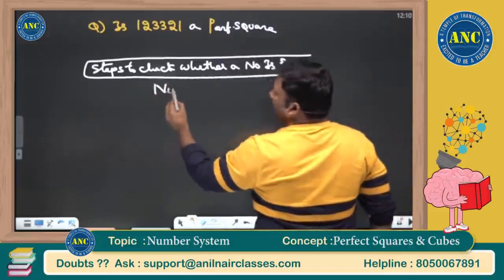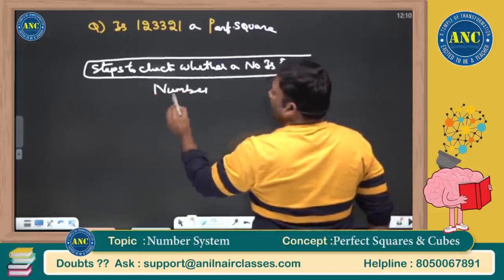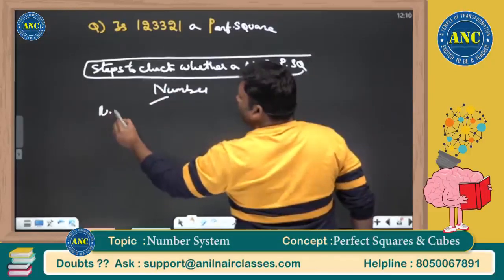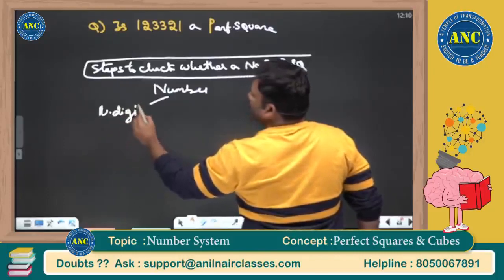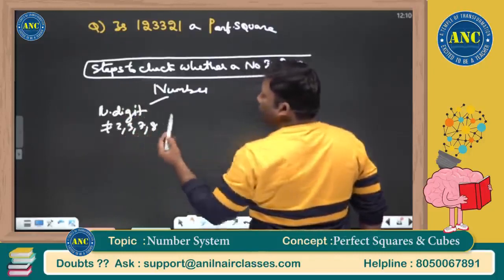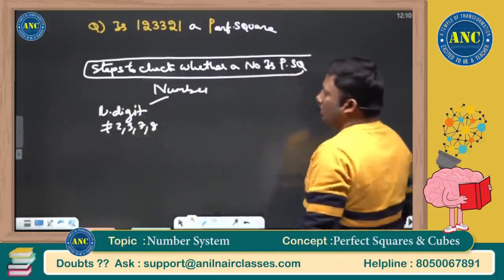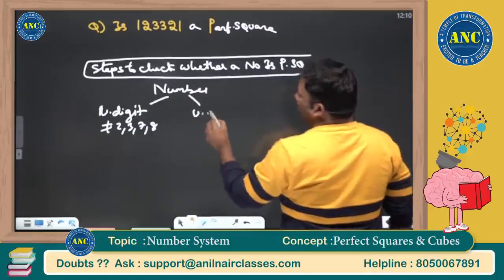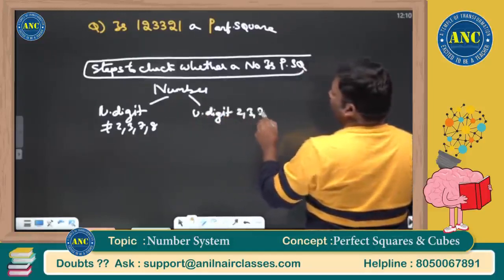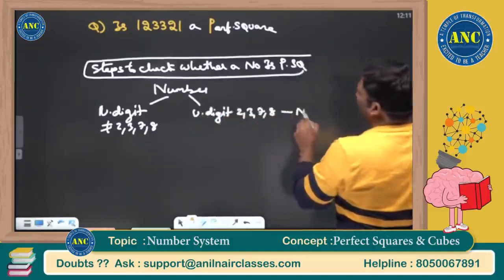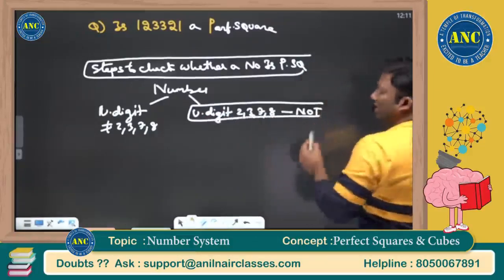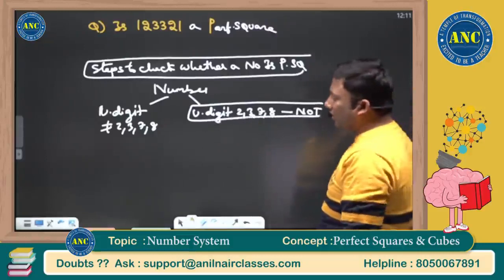Suppose we take a number. The unit digit cannot be 2, 3, 7 or 8. If the unit digit is 2, 3, 7 or 8, then it is not a perfect square.